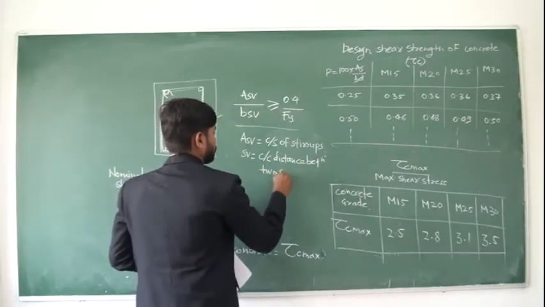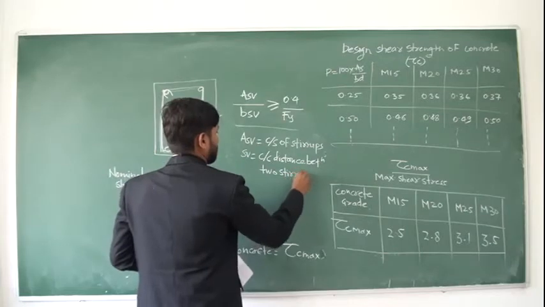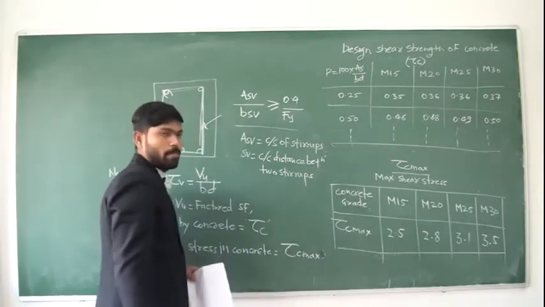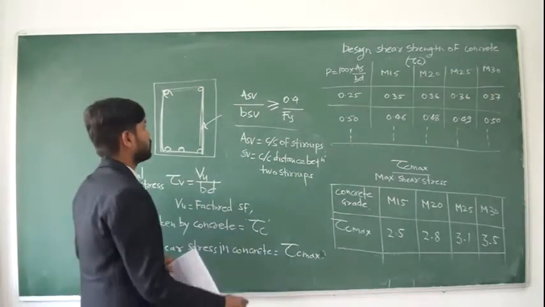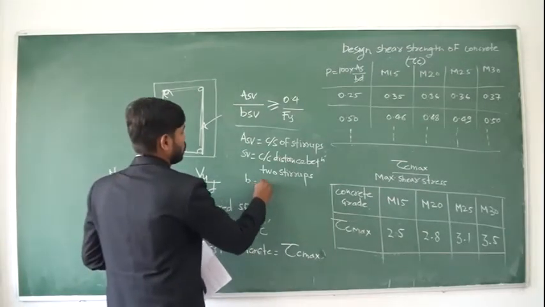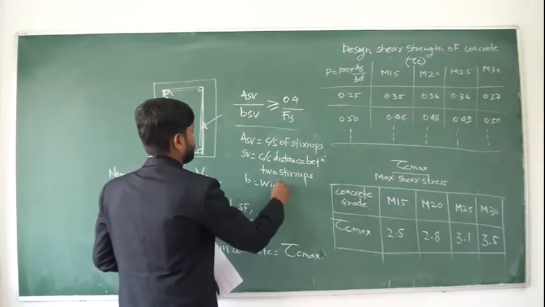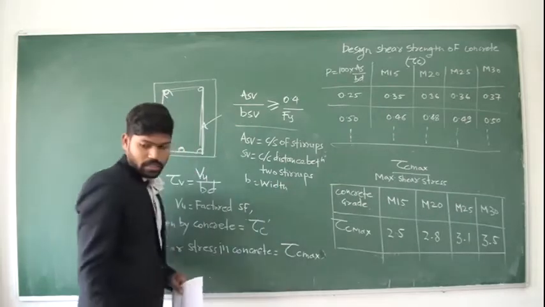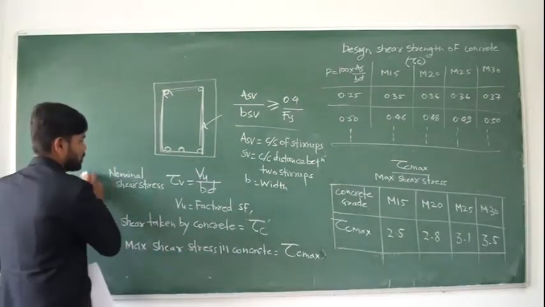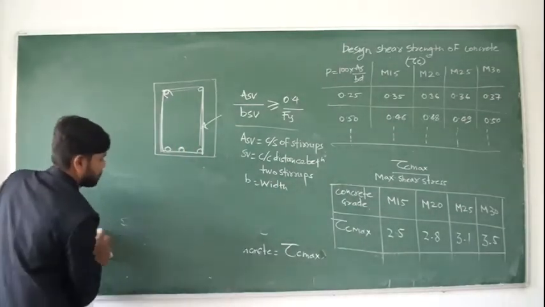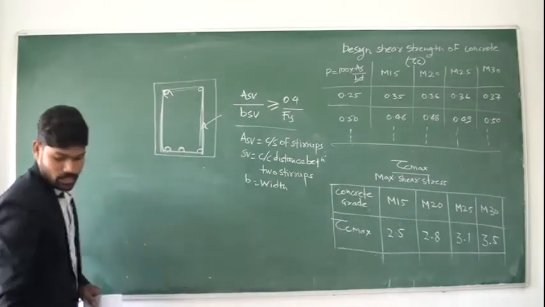Then b is the width of the beam. Now see this reinforcement of the vertical stirrups.